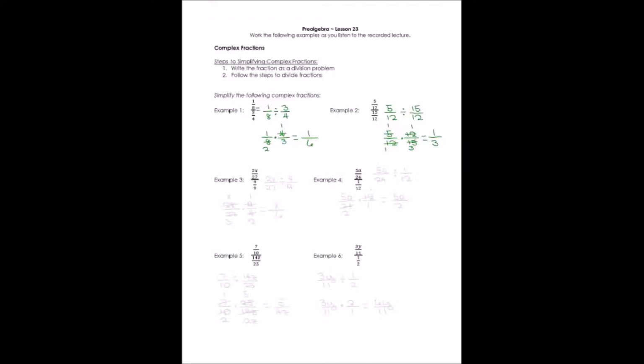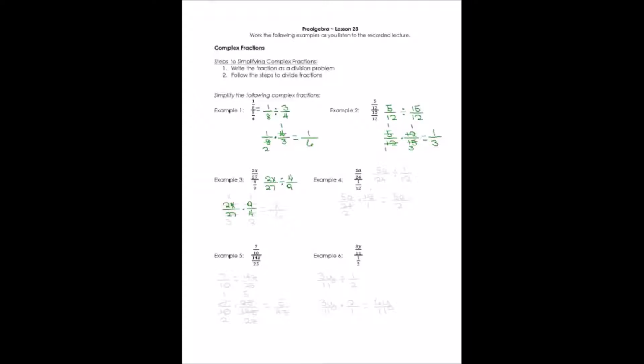For number 3, we say 2x over 27 divided by 4 over 9. Now let's change it to multiplication. 2x, I'll write it over here, over 27 times 9 over 4.